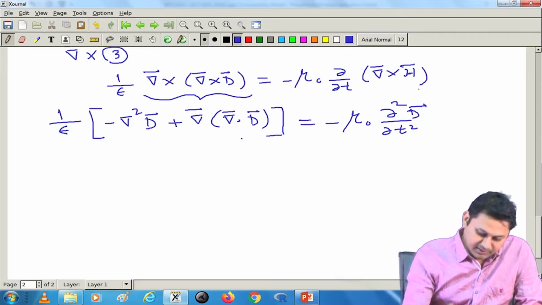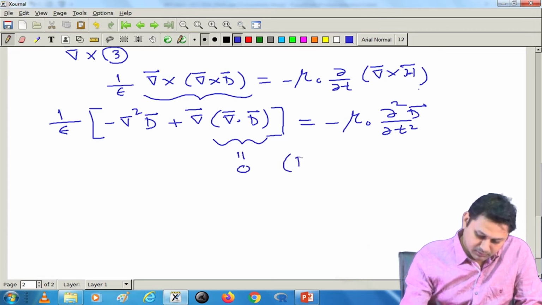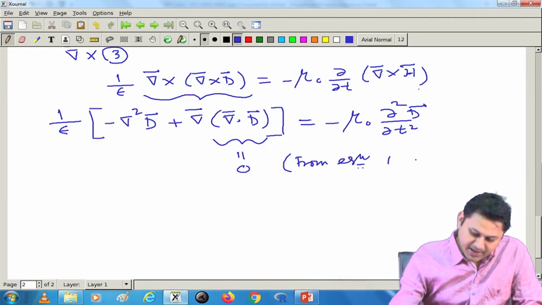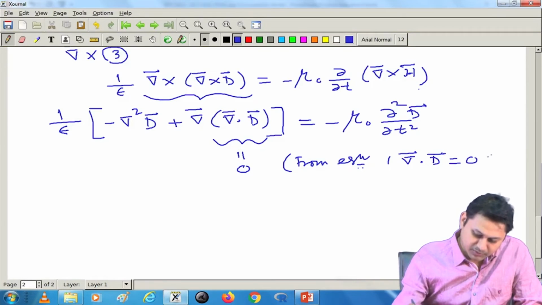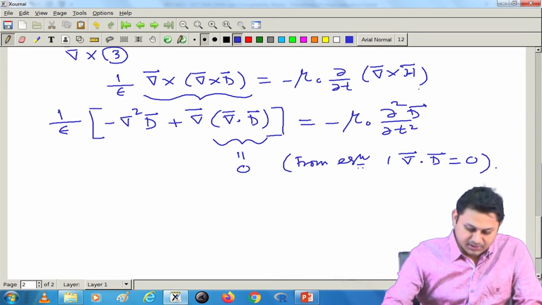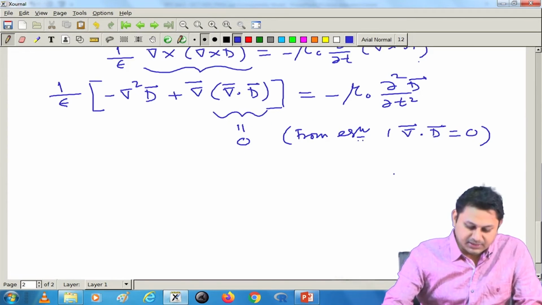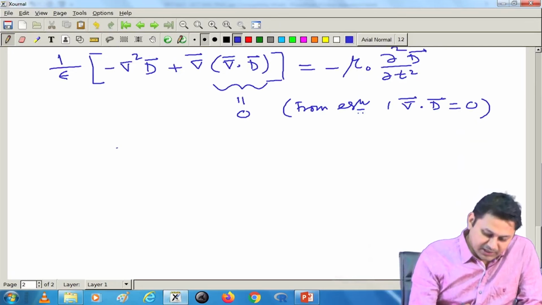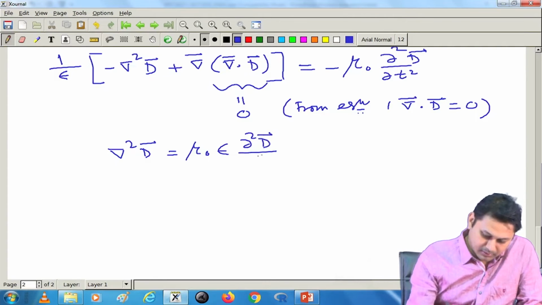Finally, I can see that this term will be 0 because from equation 1 we have grad dot D equal to 0, because rho f, the free charge density, is 0. So, then we eventually have grad square D is equal to mu 0 epsilon del square D del t square.